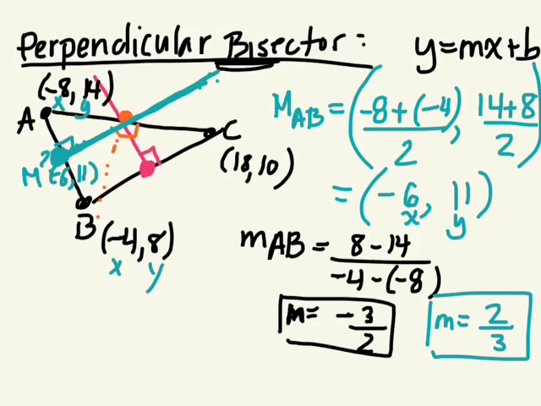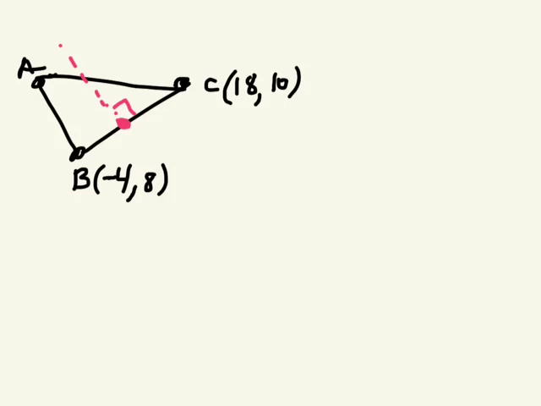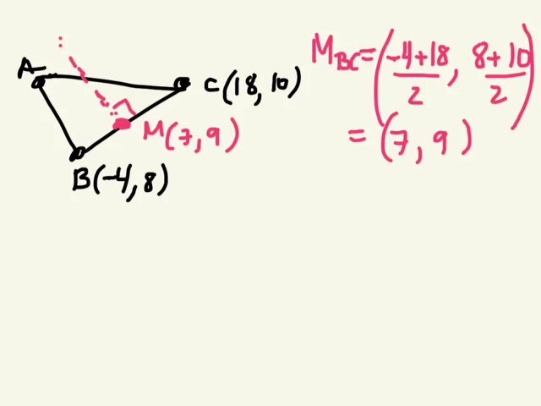Okay, so we just found the equation of the blue line. We have to find the equation of the pink line and the orange line because we need to find out at what point do those lines intersect. Now we're going to follow the exact same steps to find the equation of the perpendicular bisector that goes through BC. So again, we need to find the midpoint of BC first. Yep, okay, midpoint of BC is 7, 9. What's the next step? Slope, good. Slope of what? Slope of BC, good.